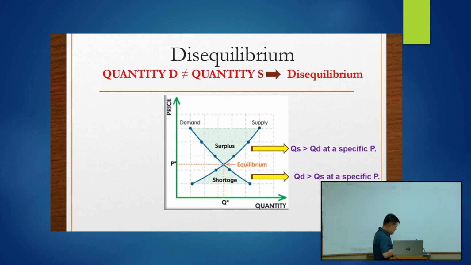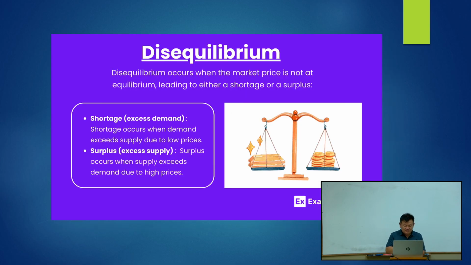So fluctuation means a quick response in the market equilibrium, and then demand and supply are moving very quickly, and then the market equilibrium is fluctuating. This follows the disequilibrium. Disequilibrium occurs when the market price is not at equilibrium.